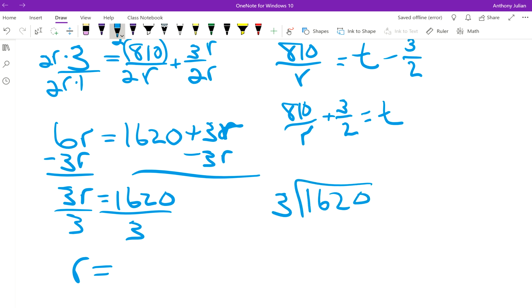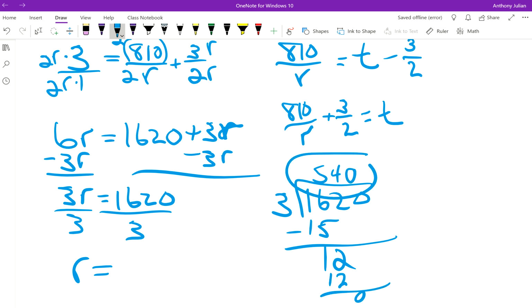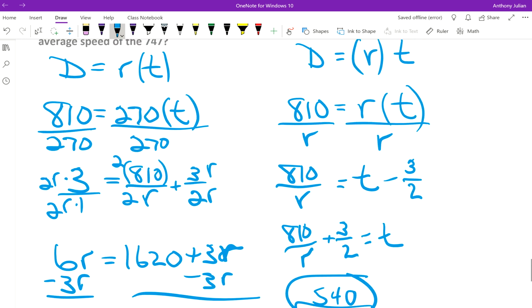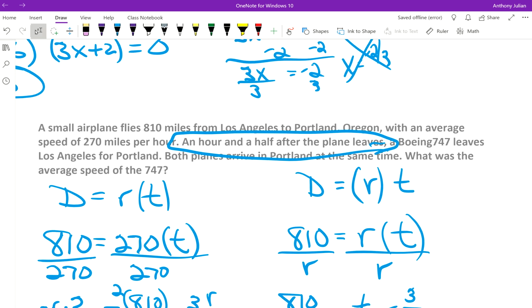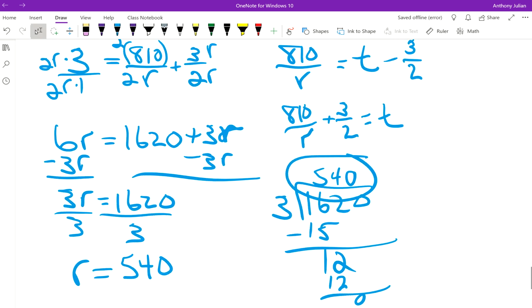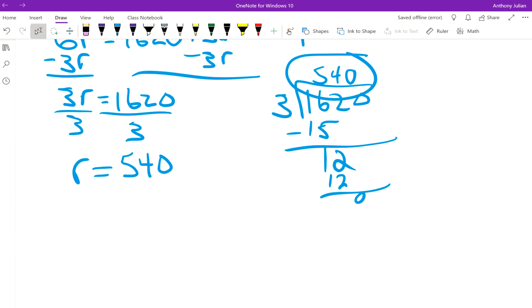You can do it on your calculator, of course. I've got 5 there. 15, subtract. 1, 2. 3 into 12 is 4. 4 times 3 is 12, so I get a 0 there. So it's 540. So r equals 540. And answering the question, of course, what was the average speed of the 747? 540 miles per hour.